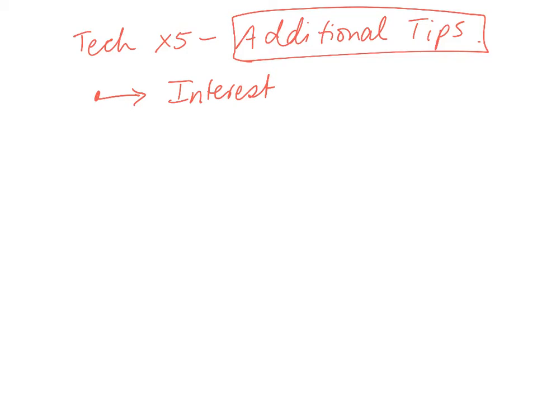So the first one would be like, hey, there's a person, let's say Albert, who wants to invest $50, right, in a savings account.